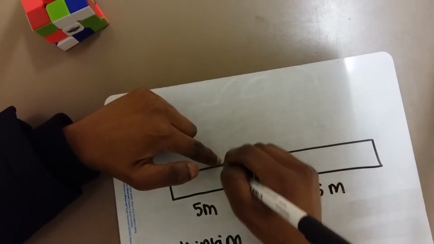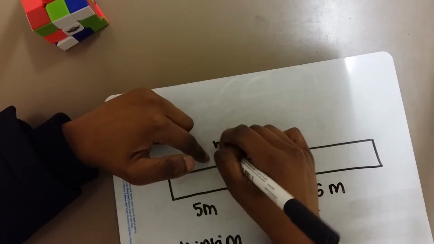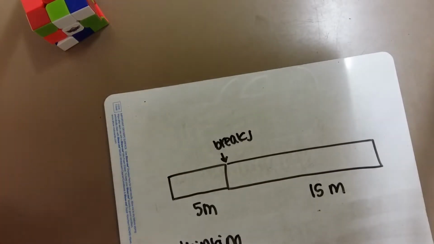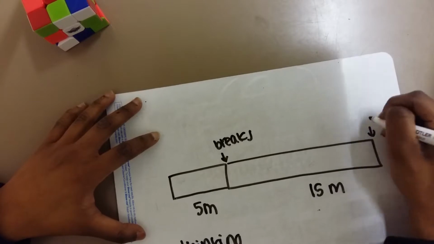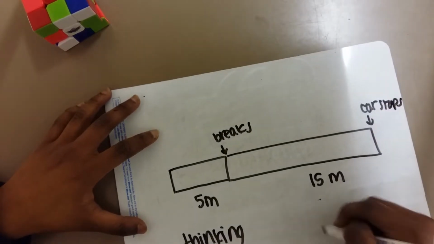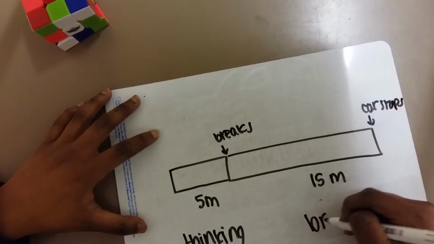This is the brake point. This 15 meters would be the distance from when the brakes are applied to when the car stops. That would be the braking distance.